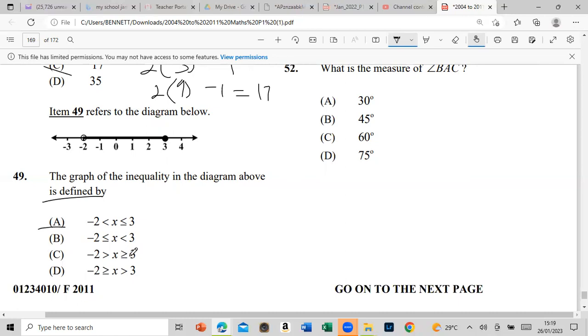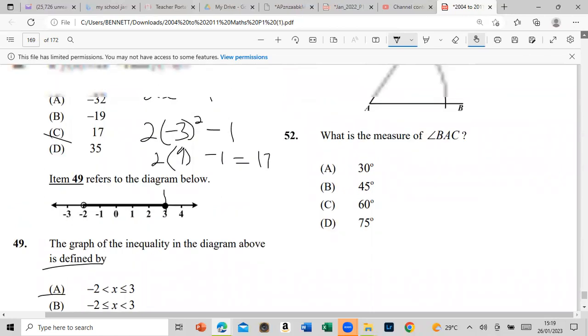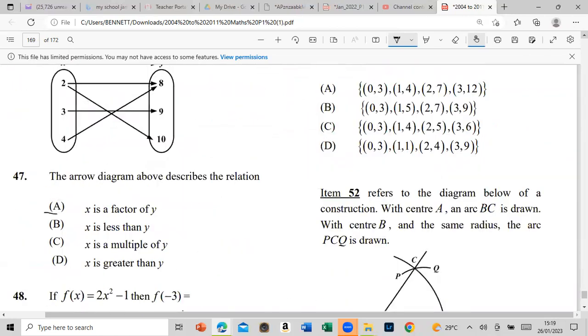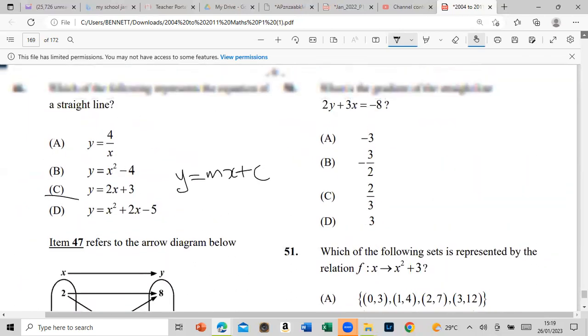So the value is greater than 3. Whenever the circle is open, you know it's less than; when it's blocked in, it includes 3 also. So if we should list the numbers there, less than 2.